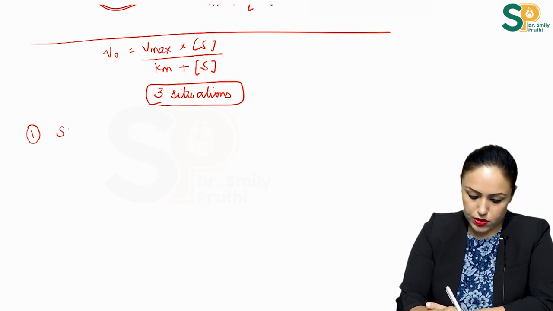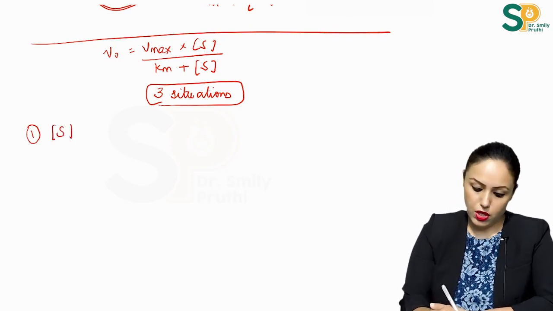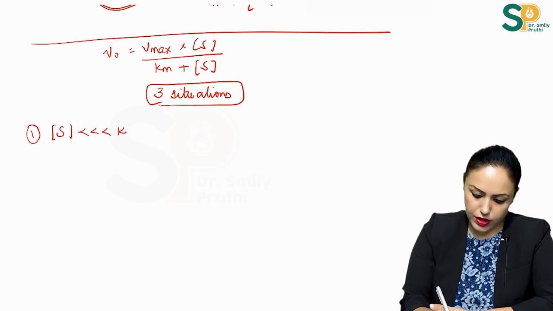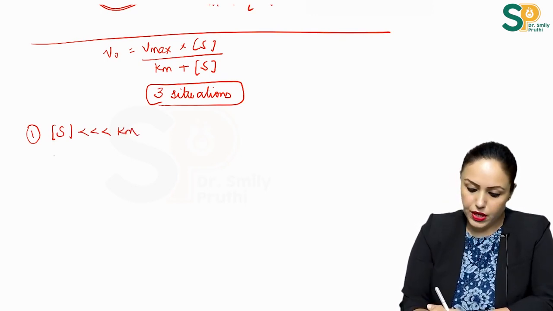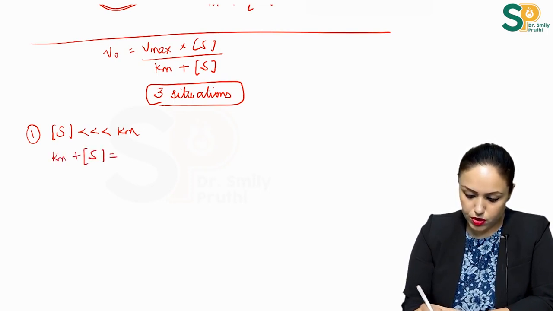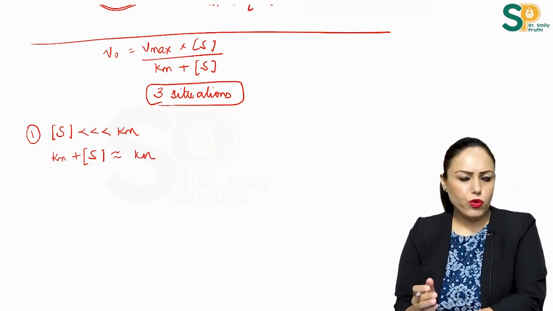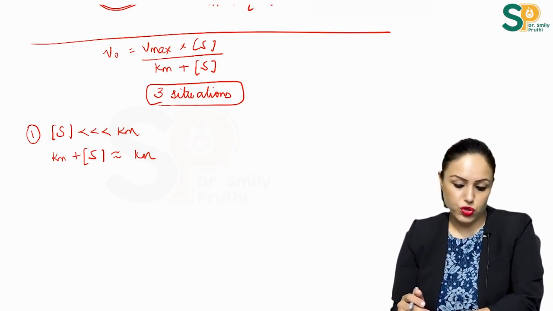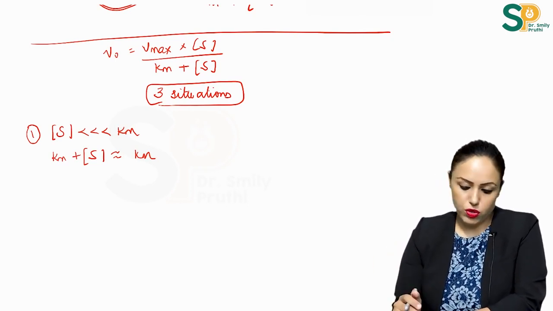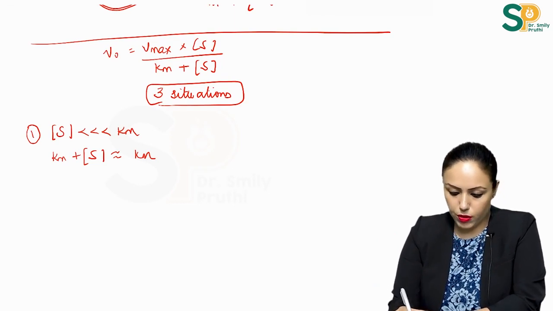First situation, substrate concentration when it is very much less than Km. When substrate concentration is very much less than Km, then Km plus substrate concentration will be equivalent to Km, right? As substrate concentration is very less, we can just ignore its value.